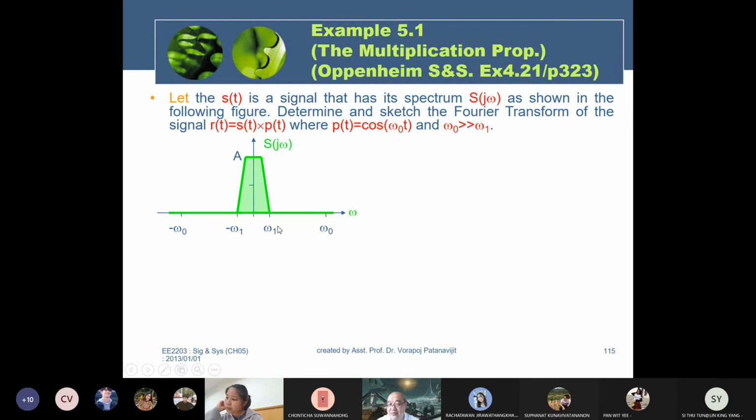To modulate it, you multiply my voice with the cosine function at a very high frequency compared to my voice. For example, in AM, you modulate in the channel at maybe 100 megahertz or 90 megahertz, that's megahertz, right? But my voice is only kHz. Therefore the carrier frequency is about 1,000 times higher.